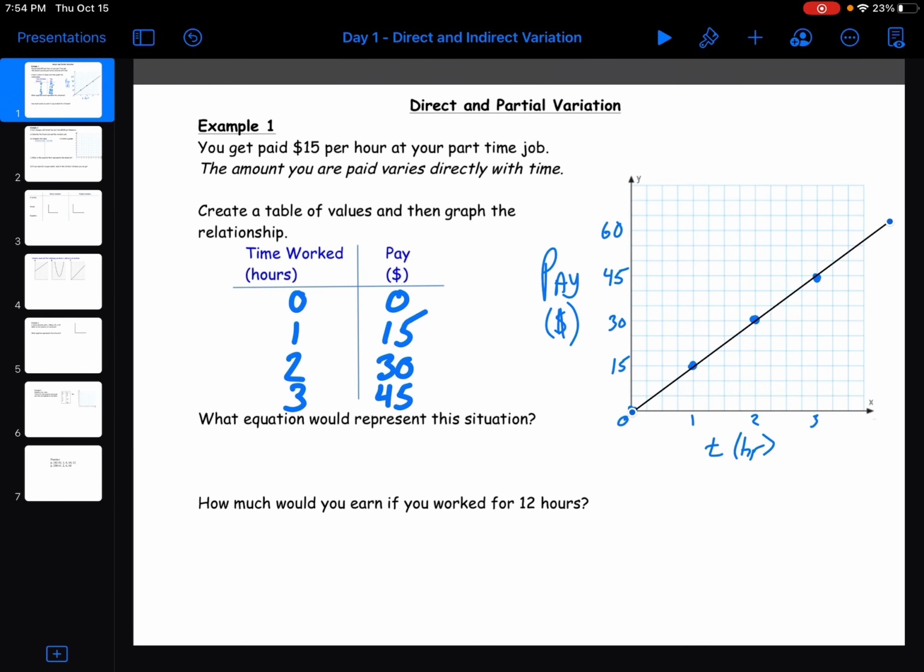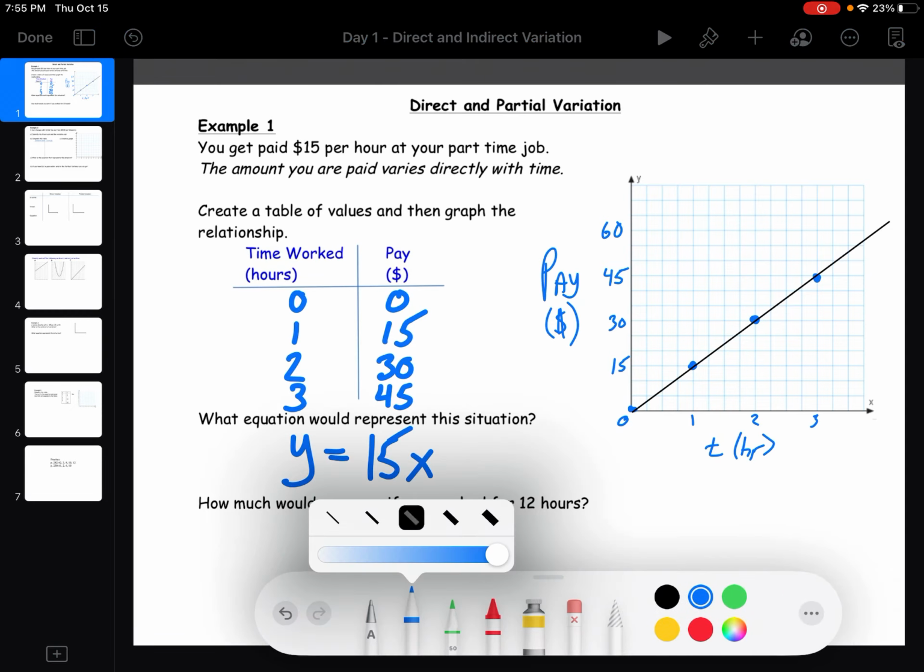So what would the equation to represent this be? Well, for the time worked, we could say pay, but our pay is on the y-axis, so we don't actually want to say pay. Why don't we say y equals, so let's talk about y and x. Y equals, well, we know for every x, we get $15. So it's going to be 15 times x. So y equals 15x. How much would you earn if you worked for 12 hours?